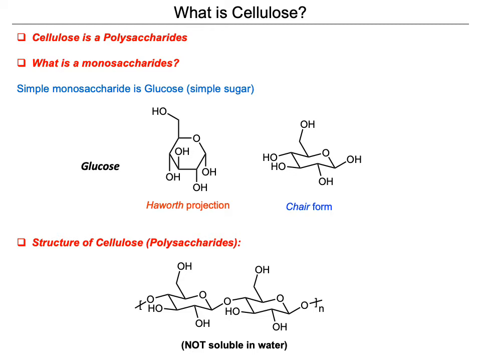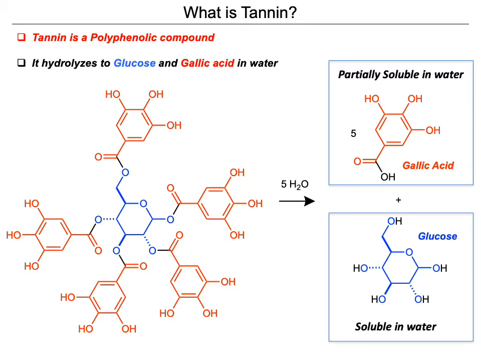You know that glucose has two structures. You need to remember this from your organic class. As I explained earlier, tannin is one of the products of the tea inside the hot water. You see the structure of the tannin.